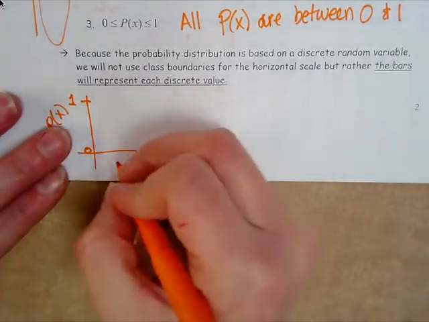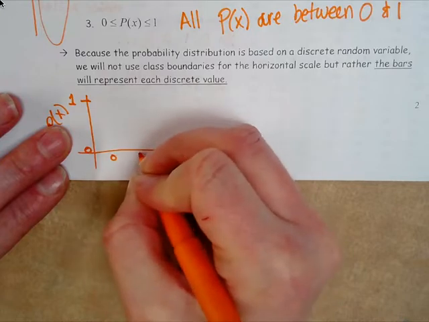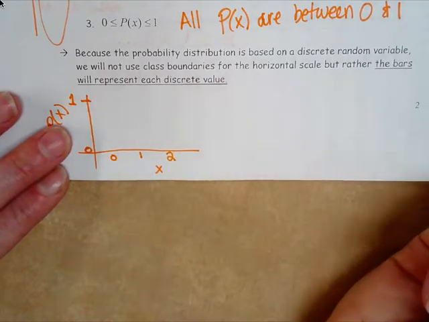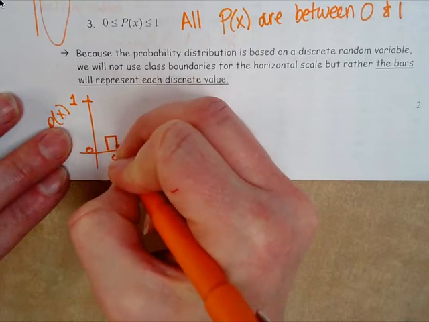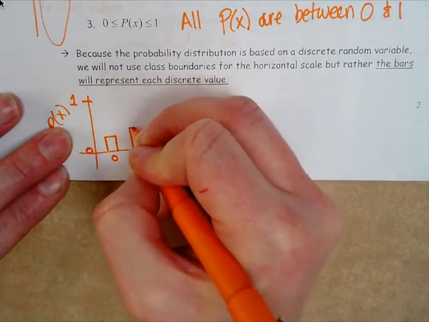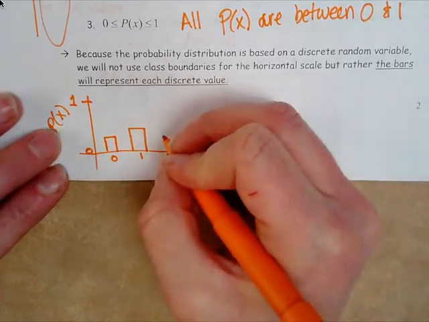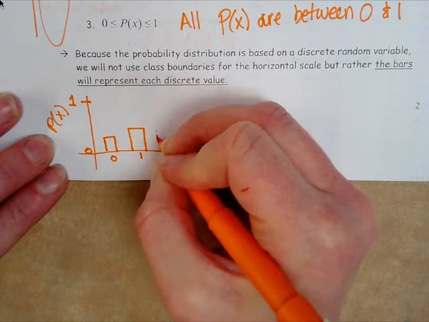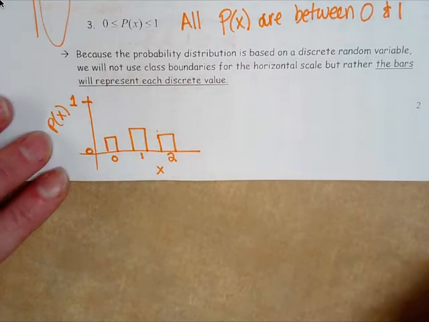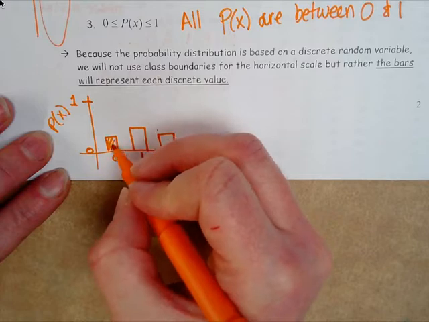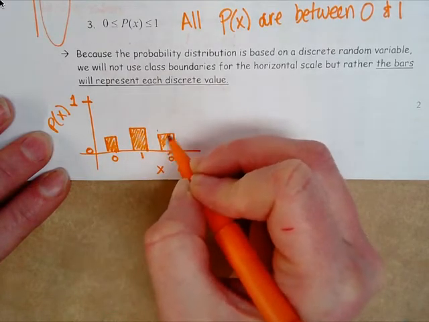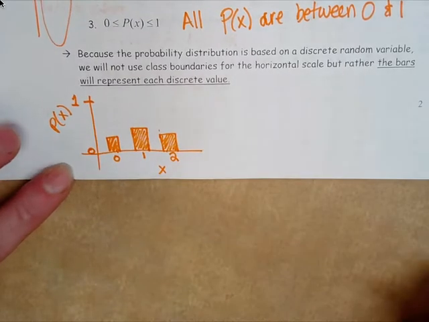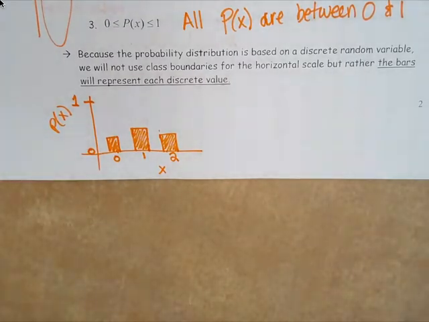So an example would be, let's say our random variables are 0, 1, and 2. You'll have some bars here that represent the probability. And all of those should add up to equal 1.